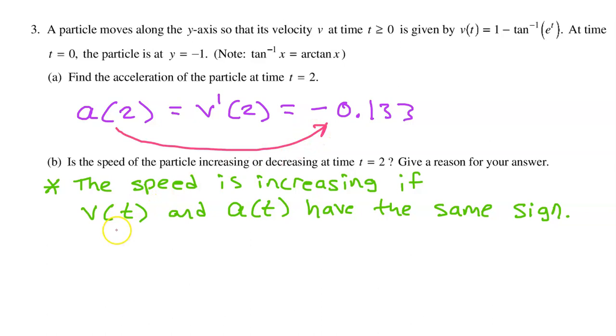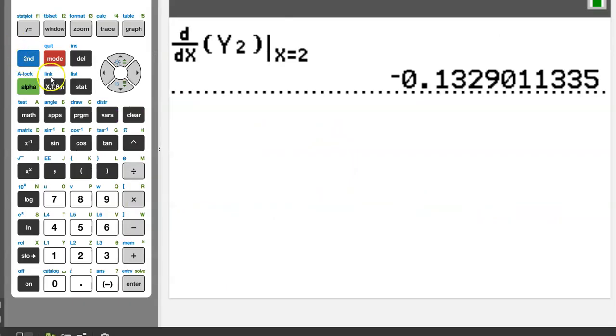So let's go ahead and find the velocity at time t equals 2, so we can see if they're both negative. Once you have typed a function into the calculator, an easy way to evaluate the function at a particular value of x or t is to use the table feature.